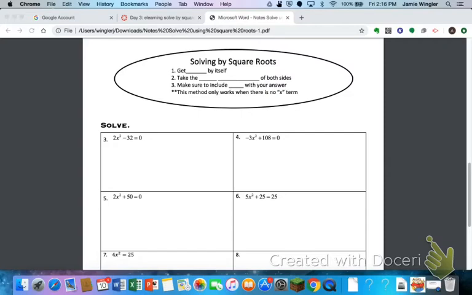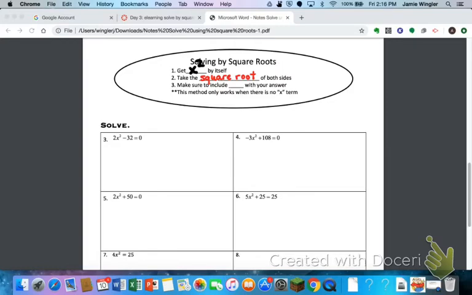The second method we're going to work with today is solving by square roots. The rules you want to follow are in this oval. First thing you want to do is get the x squared by itself. After you get the x squared by itself, you want to take the square root of both sides.